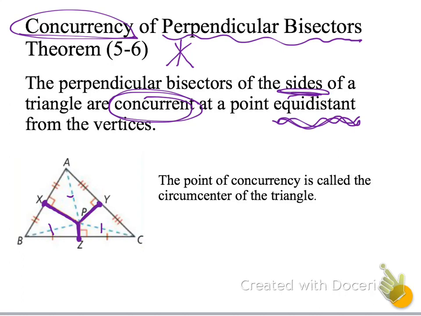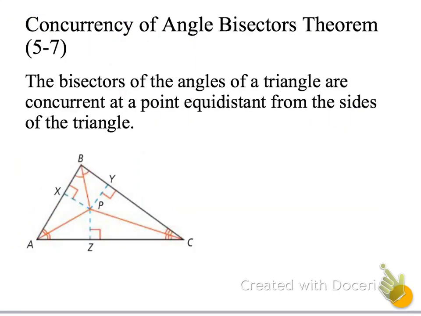So they all should be this exact same length from all of these angles. So if I created a perpendicular bisector of all 3 of my outside lines, it should create another line that is equidistant to all the vertexes. Okay, the point of concurrency, so where they meet at, is called the circumcenter.